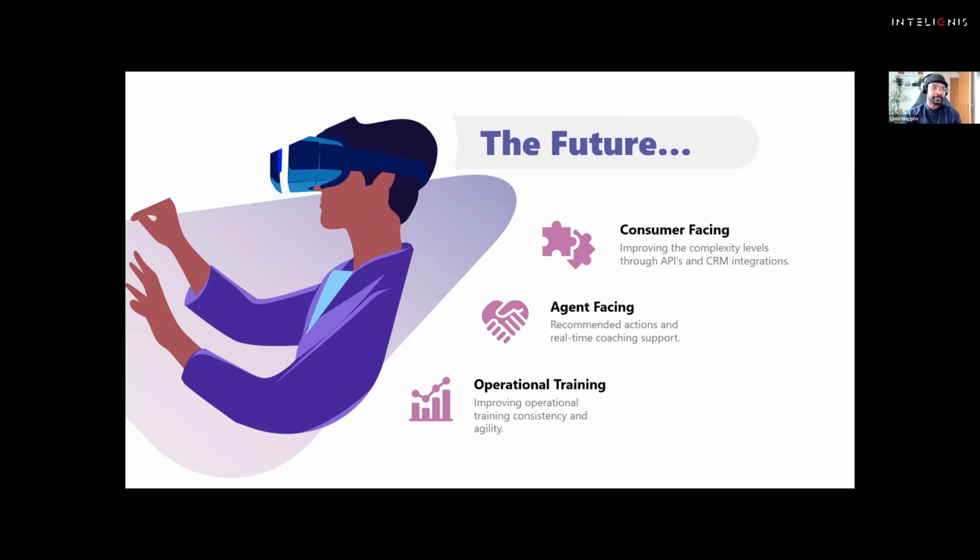I think that's the simplistic side of it, but for us, there are two key areas that we're focusing on at this point in time. Google CCAI was mentioned earlier as well, but the agent-facing and operational training side of things means that you can drive cost efficiencies, and drive customer experience and KPI performance through improving the competency levels of your human agents.